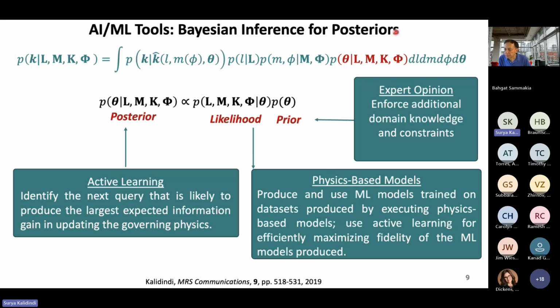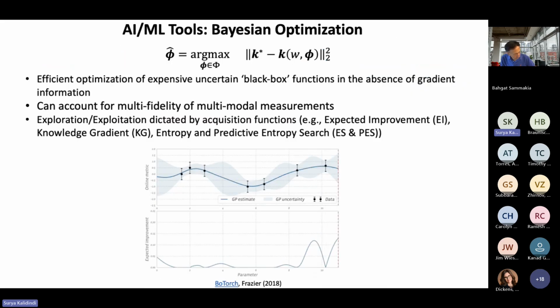A better, more formal way is to do this with Bayesian inference. That essentially uses Bayes' theorem, which is based on a prior, a likelihood, and a posterior. The surrogate models, the emulators, which I talked about in the previous slide, are very helpful to compute the likelihood.